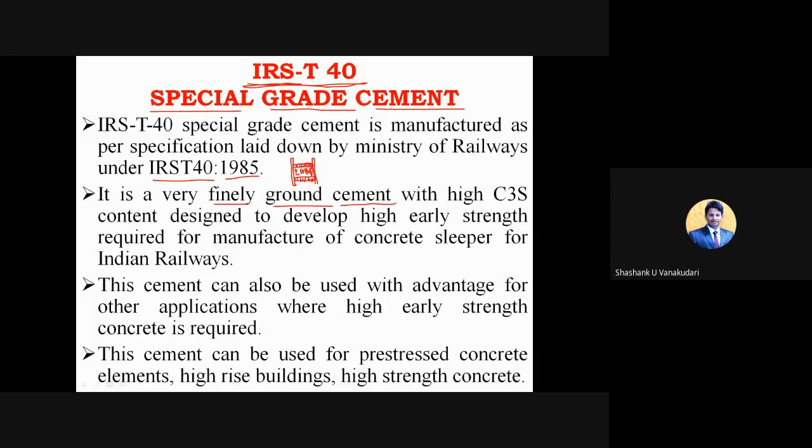That is the fineness, what we can call the size of the cement particles. And this very finely ground cement has a high C3S, that is tricalcium silicate, content in this special grade cement because we need to get high early strength, right? By adding a higher percentage of C3S, the advantage is that the heat of hydration will be more, one reason. And apart from this, one more reason is that it is going to get the high early strength.